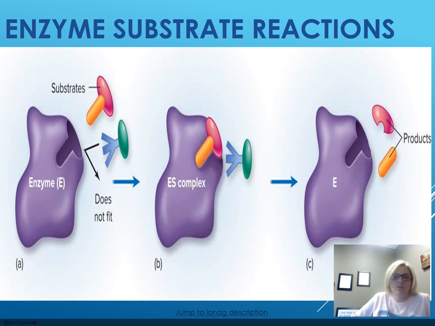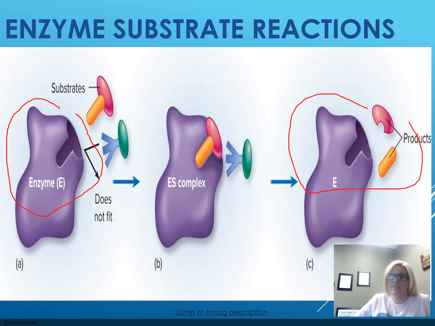And so if you'll notice the enzyme here, the enzyme at the beginning and at the end, it's unchanged. So remember that it is a helper here. It participates by facilitating the reaction, but does not participate in the reaction. And it's unchanged, and it is recyclable, okay? It is not changed in the reaction.